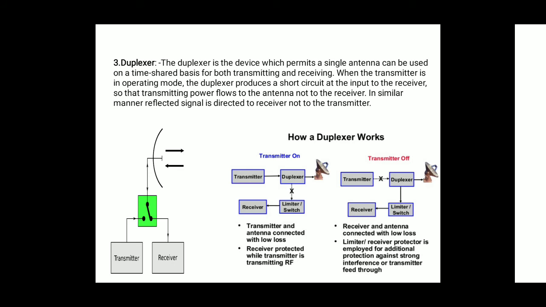This is the switching purpose. Using the duplexer, the same antenna can work as both transmitting and receiving. Otherwise we have to use two antennas, one for transmitting and the other for receiving.